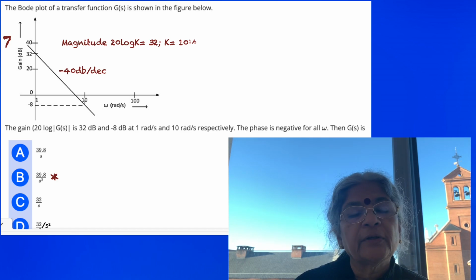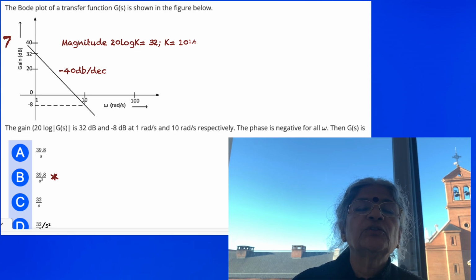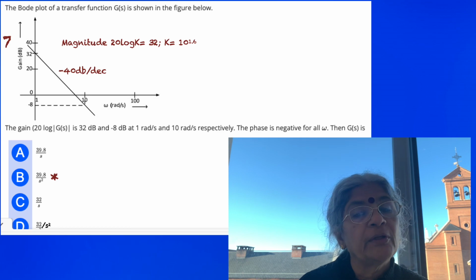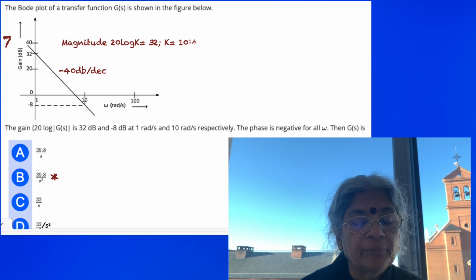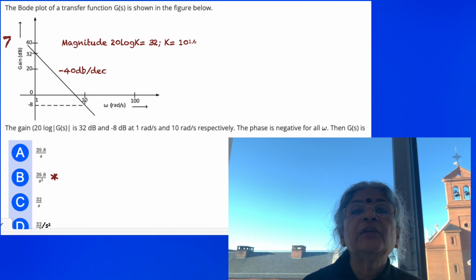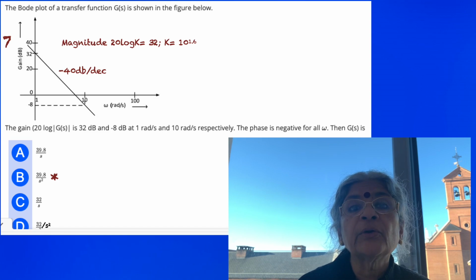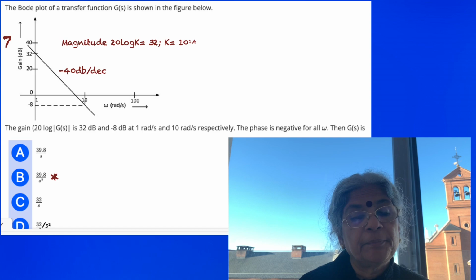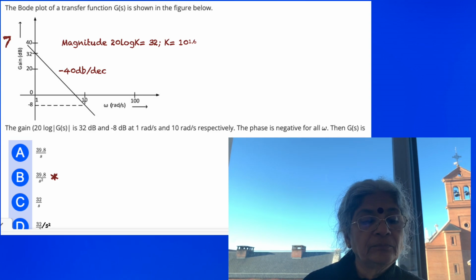You can always calculate 10 raised to 1.6, or in other words, if any gain happens to be near around 10 raised to 2, you can opt for that. Two values are there, 39.8 and 39.8. The other value is 32, which is a little too low, but at the same time we need to have an s square in the denominator such that the initial slope can be minus 40 dB per decade. So we see that option B is correct.